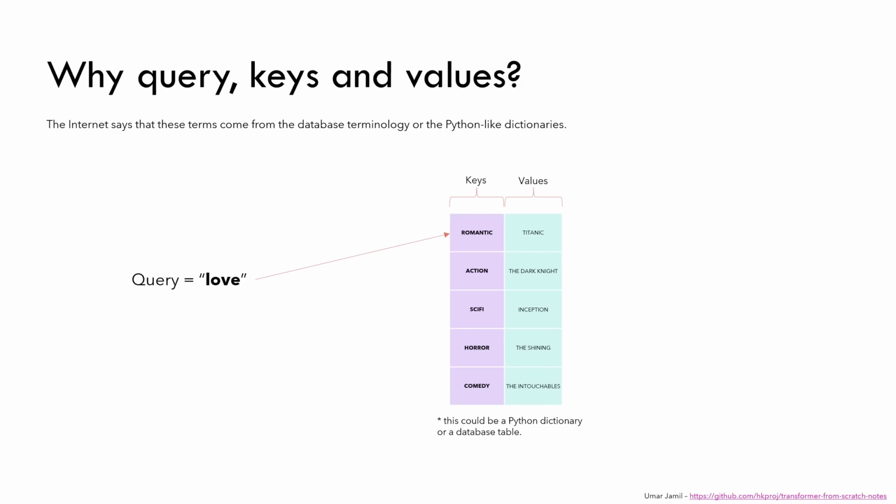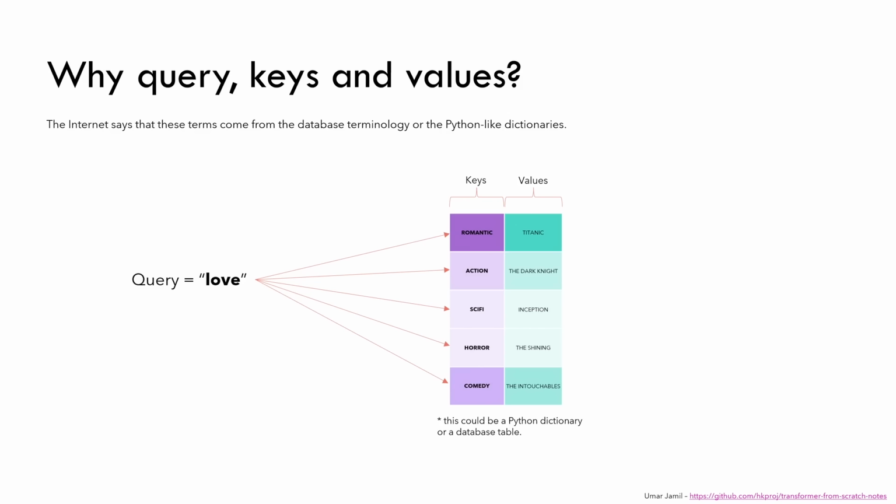So we are doing the dot product of all the queries with all the keys. In this case, the word love with all the keys one by one, and this will result in a score that will amplify some values or not amplify other values.